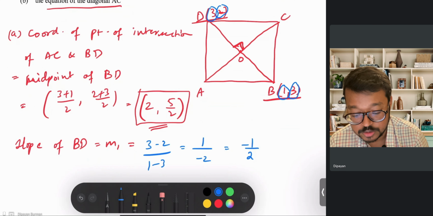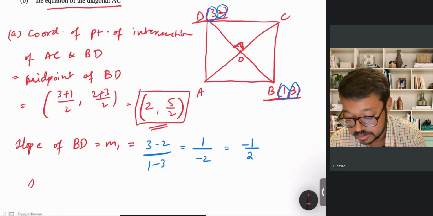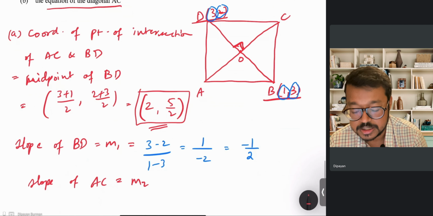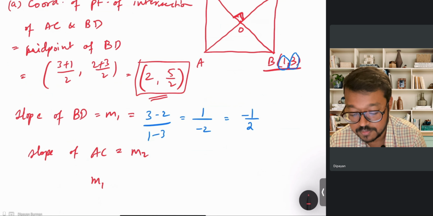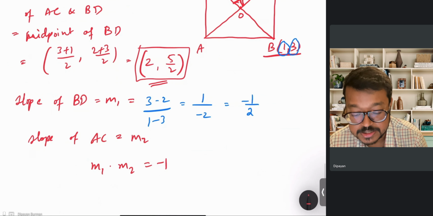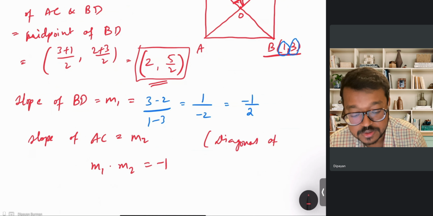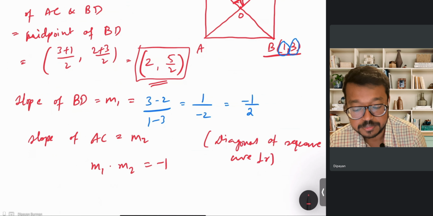And if I assume that the slope of AC is M2, then according to the condition, M1 into M2 will be minus 1, because the diagonals of a square are perpendicular.